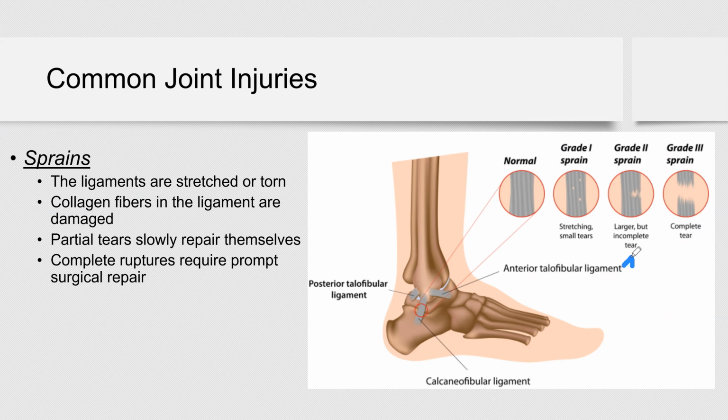The tears become larger, so it's a grade 2. And if you have a complete tear through the collagen fibers, that's a grade 3 sprain. If you have small tears, they will repair themselves. If you have a complete rupture, then this injury will require surgical repair.